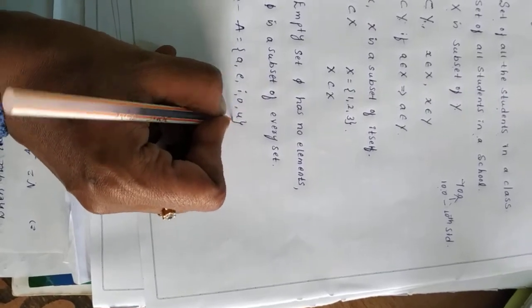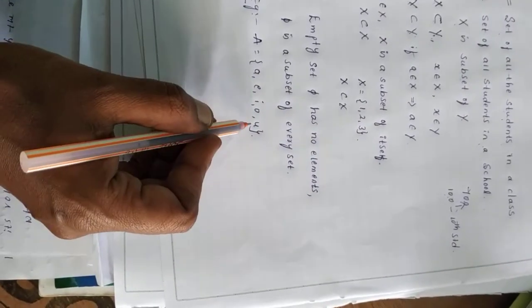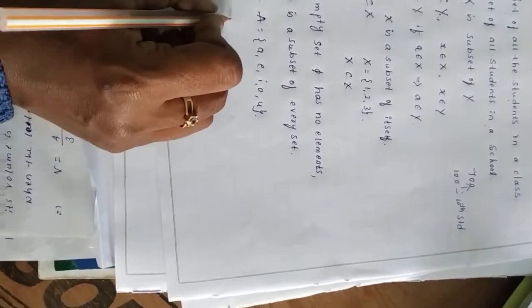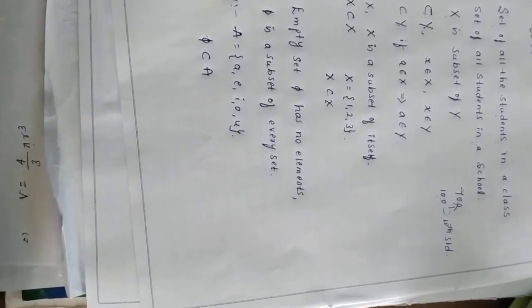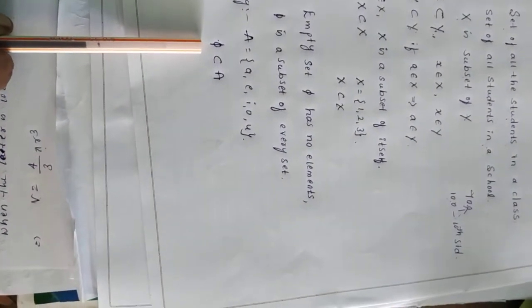So, for example, set A contains some elements, that is a, e, i, o, u. This is a set and it contains the vowels of the alphabet. Now, for the subsets of this, I'll start with null. Null is a subset of this A. Yes, you have to agree with this, because phi does not contain any element. Again, we can say that phi is a subset of this.